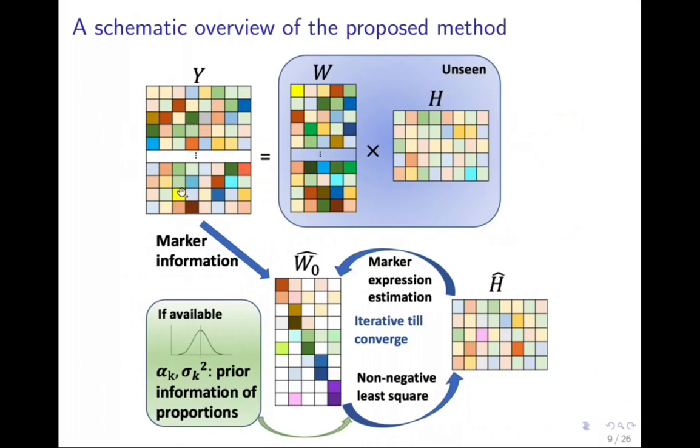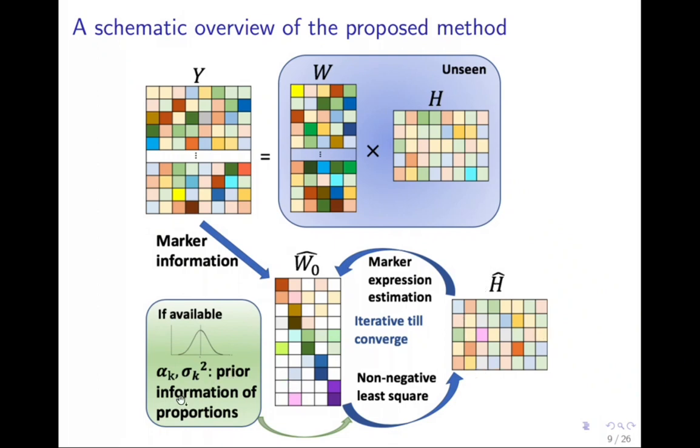So here is a schematic overview of our proposed method. Given the gene expression of the heterogeneous sample, we use the marker information as a constraint to estimate the pure tissue profile, and then we use an iterative approach and a non-negative least square algorithm to solve for the cell composition.